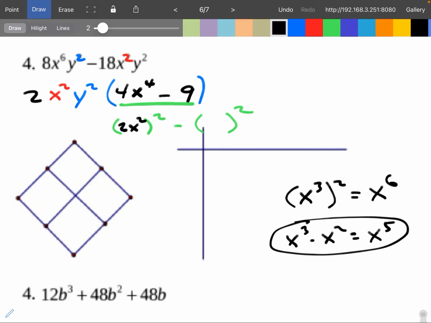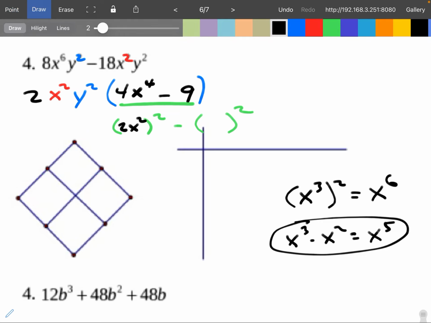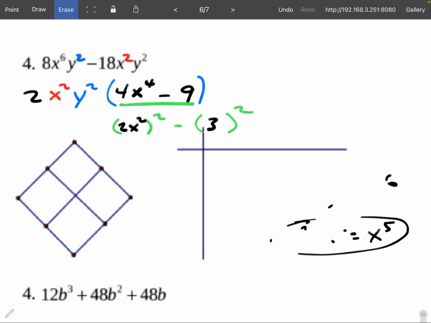Just 2x, right? Or 2x squared, you're right. So Ethan said 2x squared. If you take 2x squared and square it, you get 4x to the 4th. And then what do you square to get 9? Yep, that's a 3.